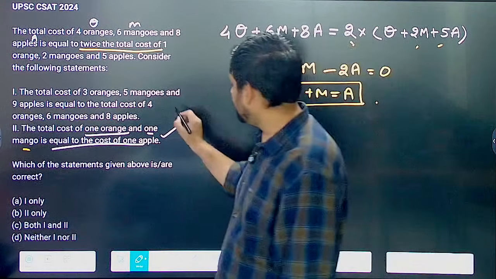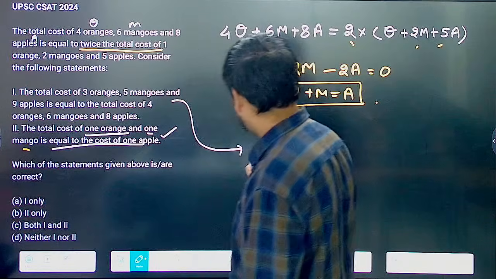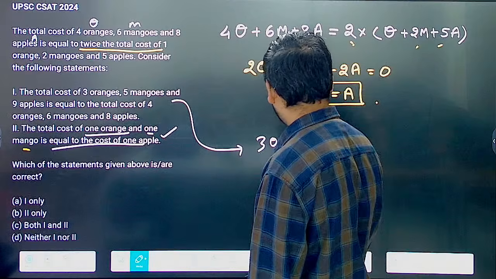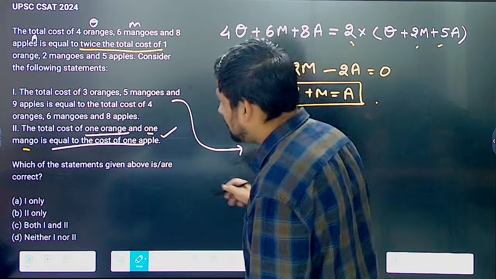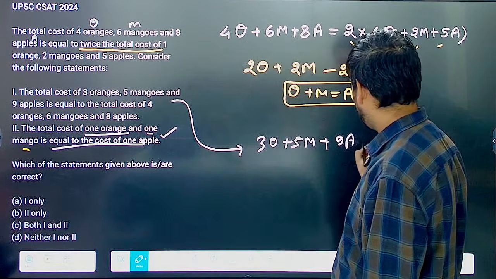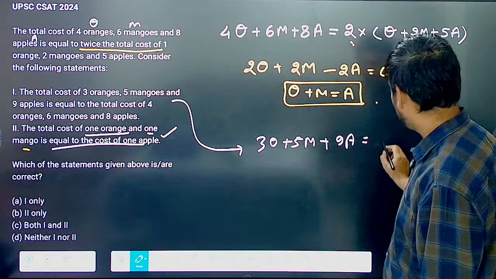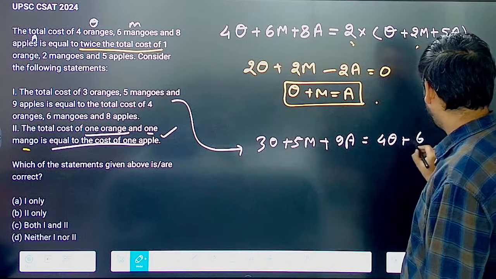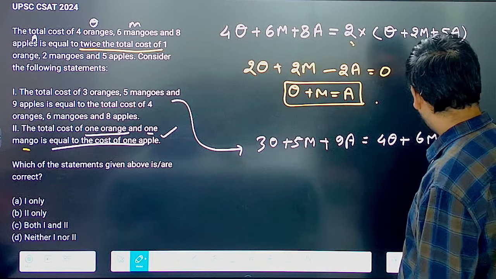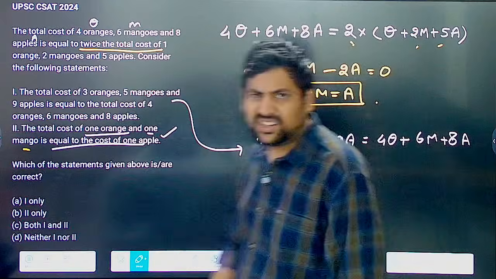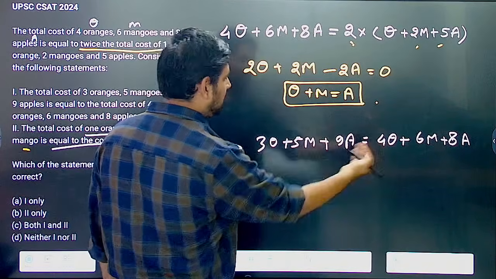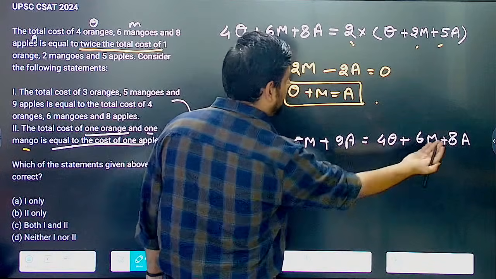So, first statement, what does it say? It says the cost of 3 oranges plus 5 mangoes plus 9 apples is equal to cost of 4 oranges plus 6 mangoes plus 8 apples. Correct? Now, I will just send this orange that side and this M also that side, A I will bring this side.